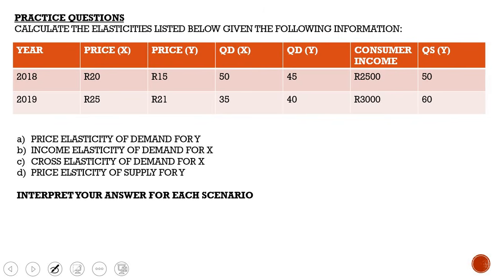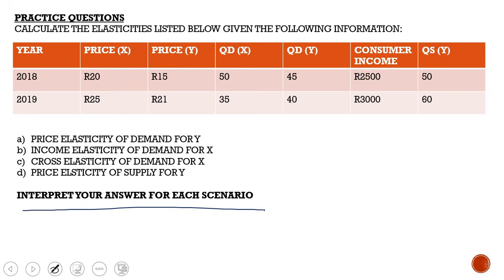Okay, now we're going to look at practice questions. It says calculate the elasticities listed below given the following information. A is price elasticity of demand for Y, B is income elasticity for X, C is cross elasticity for X, and D is price elasticity of supply for Y. We need to interpret the answers for each scenario.